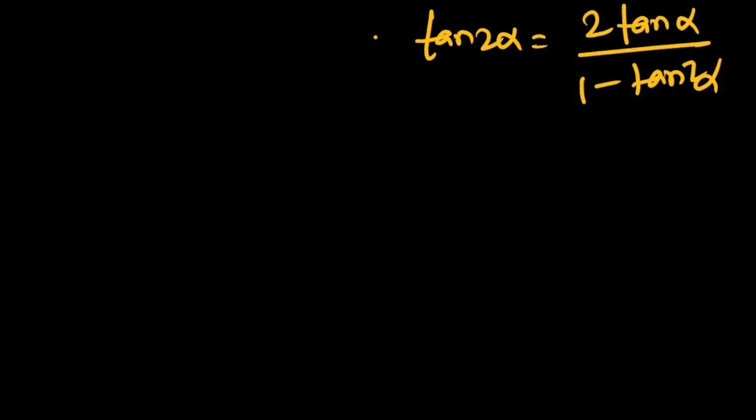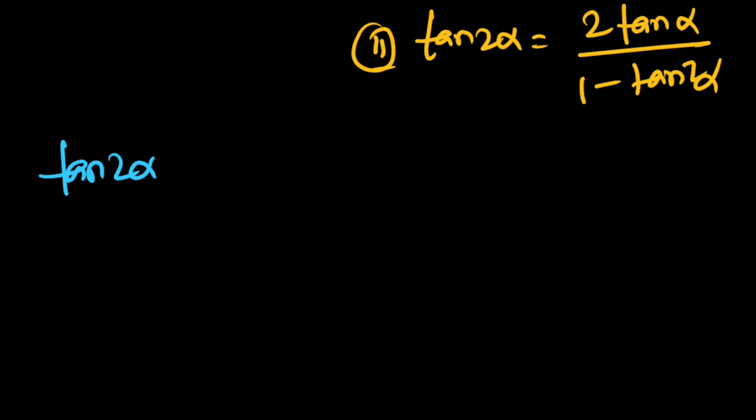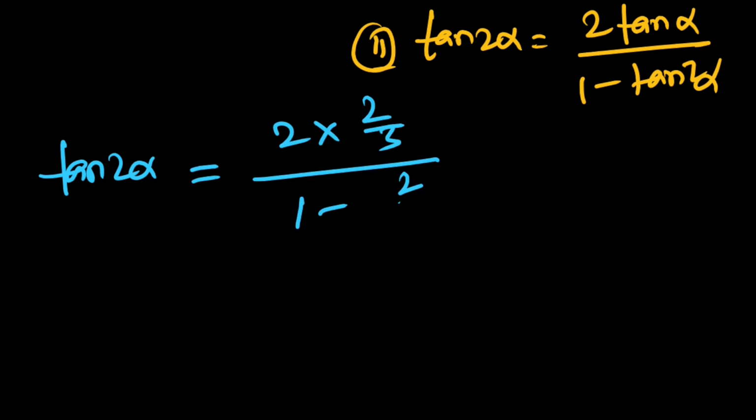So we use another identity: tan 2 alpha is equal to 2 tan alpha over 1 minus tan square alpha. So using this identity we find tan of 2 alpha. We have tan alpha equal to 2 by 3. Therefore tan 2 alpha is equal to 2 times 2 by 3 over 1 minus (2 by 3) whole square.